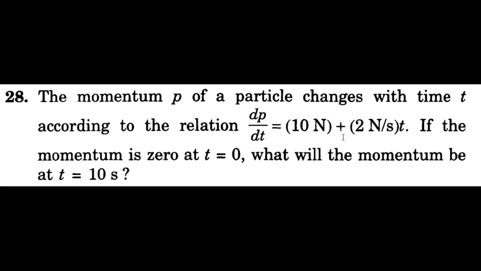This would be 10t plus t square. And just put the limits, 0 to 10. 10t means 100, plus 100. This would be 200. Please calculate it, it is very simple.